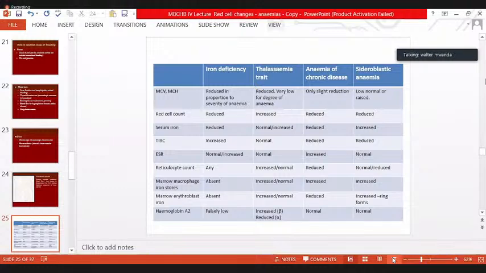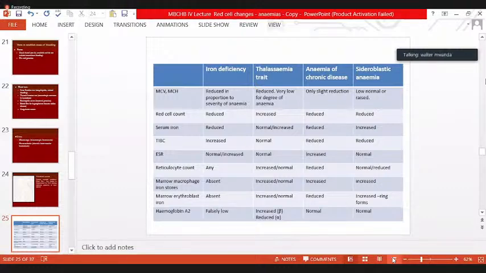Total iron binding capacity, again, is usually quite discriminative, particularly if it is increased. If it is not, then it is not extremely useful because it will be normal in thalassemia and even reduced in chronic disease as well as sideroblastic anemia.